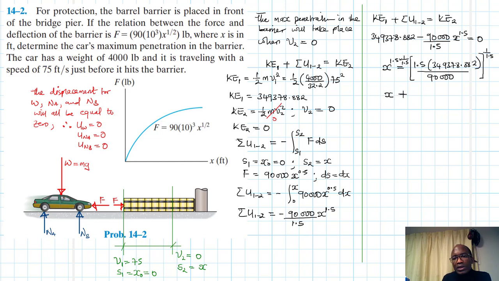Therefore our x is just going to be equal to 1.5 times 349,378.882, divided by 90,000, all to the power 1 divided by 1.5.